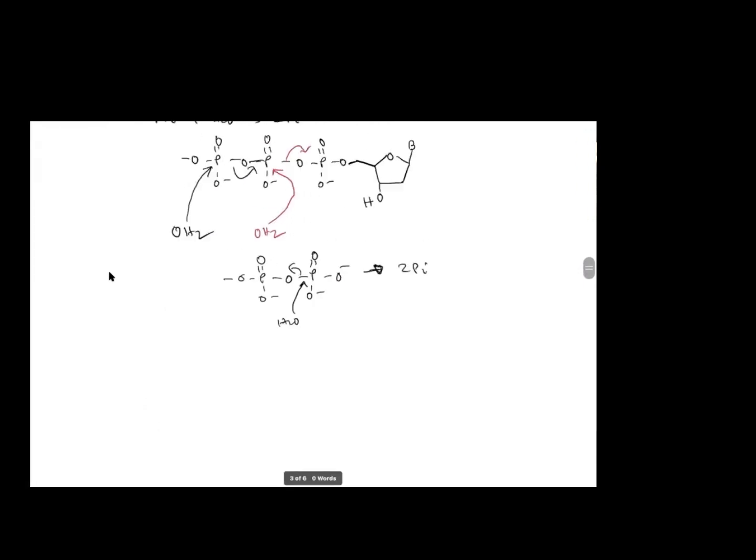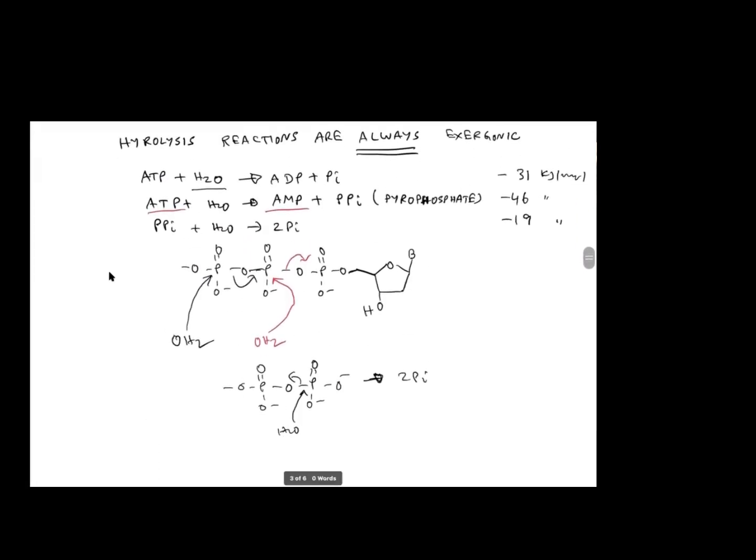All right. So depending on the metabolic process, if you have ATP and Pi, or AMP and PPi, either way, you're going to get an overall exergonic process, and that is going to help the anabolic process, which is endergonic.